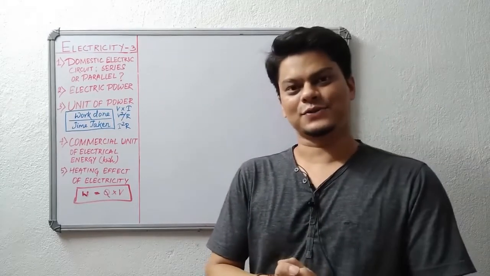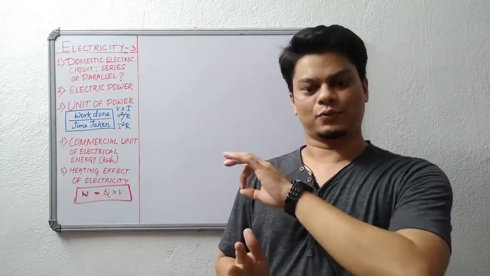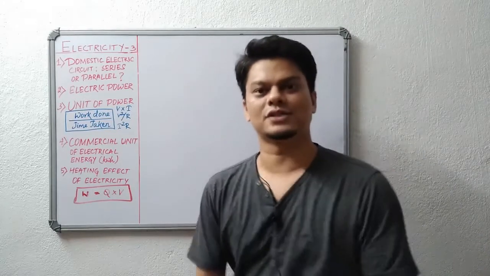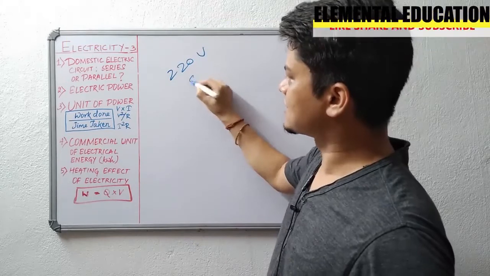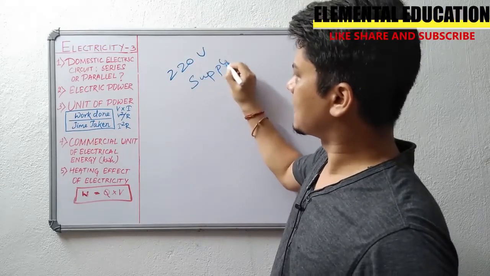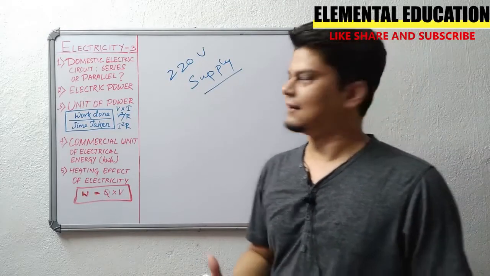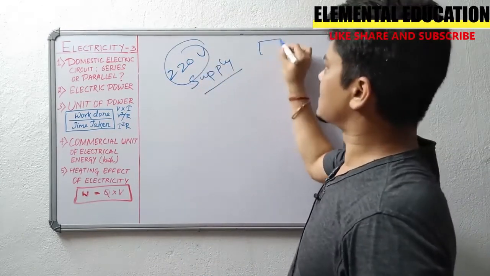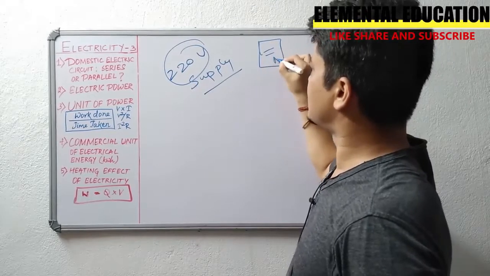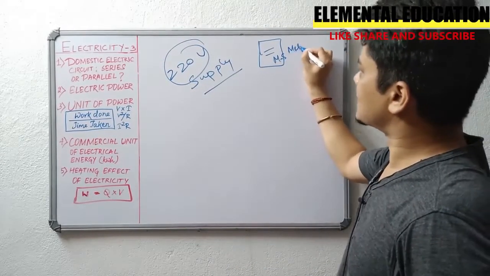We know in our house we have all the wiring done, so we get an electricity voltage of 220 volt, that is the supply voltage we get from the electricity grid. Once we get the supply voltage, there is one main switch, we have a meter.